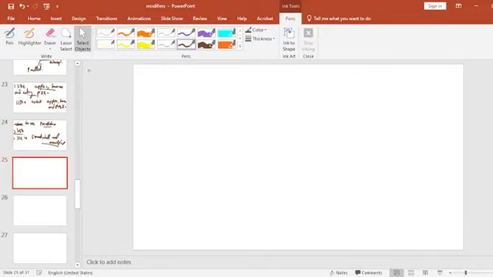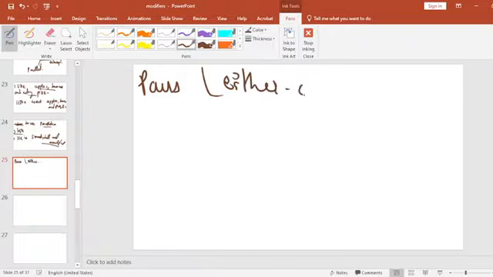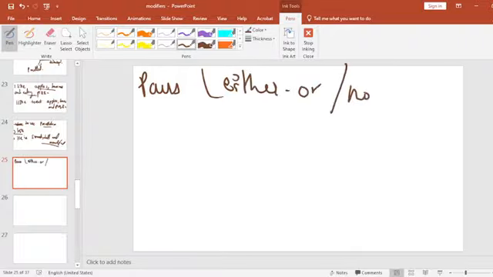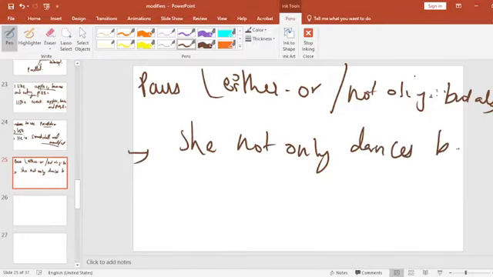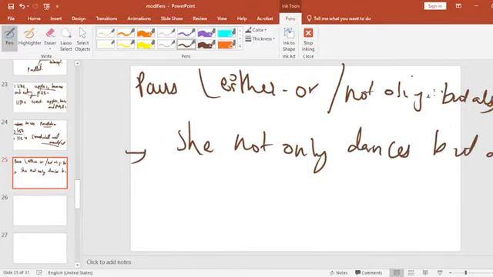And the other one is pairs, like either or, not only but also. So for example, she not only dances but also is singing.